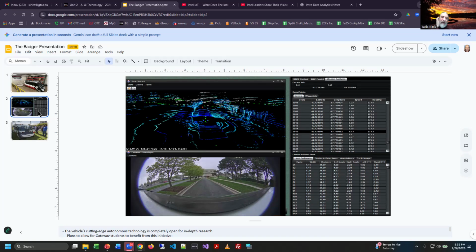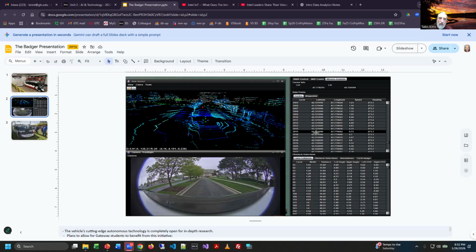What you're seeing here is a dump of some of the sensor data. It has cameras that see the world like this, and LiDAR, which basically bounces out light and receives it back so they can figure out where objects and impediments are. As it's driving, all the sensors on the vehicle are capturing data.